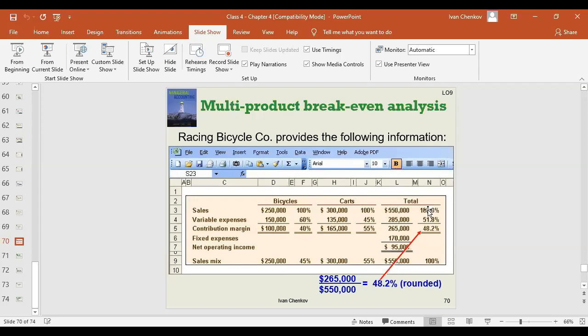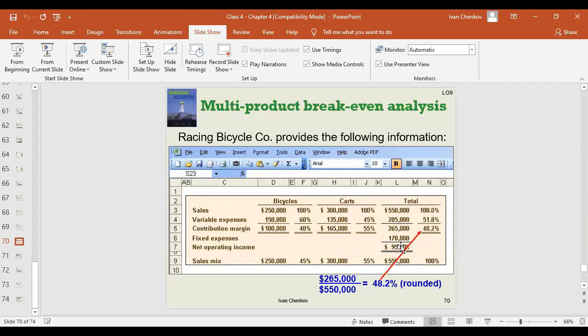When we combine the totals, we are calculating the total contribution margin. This is to come up with the break even when we're selling multiple products. That's the objective here. We're staying with the totals, calculating the contribution margin ratio at the total level.